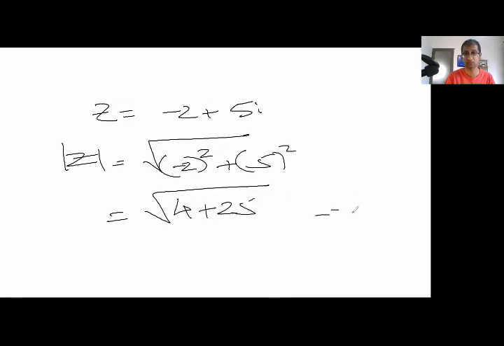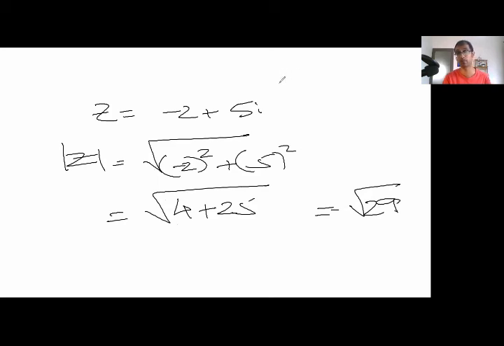So you get root of 29, you see? So imagine you didn't put the bracket here. You could have written root of minus 4 plus 25, which will give you a different result, root of 21, which is not good. So this is why I actually used the bracket, okay?